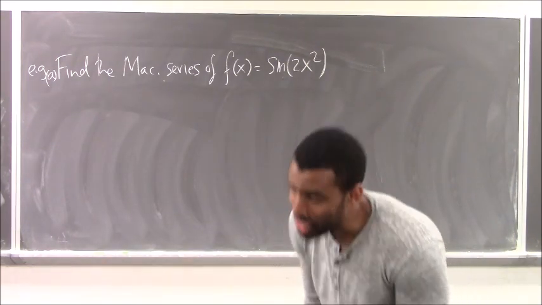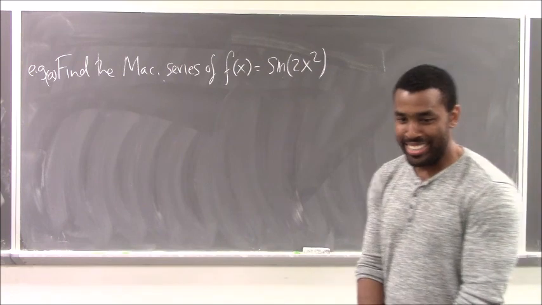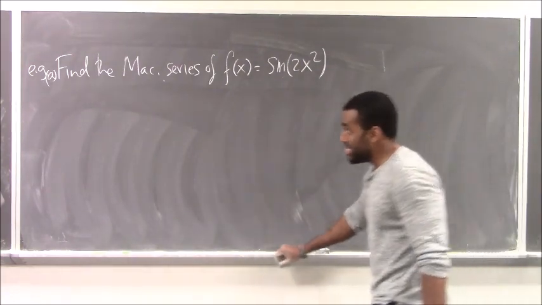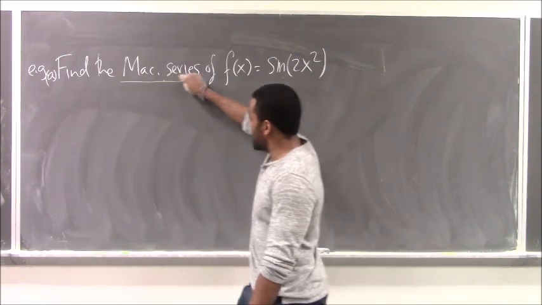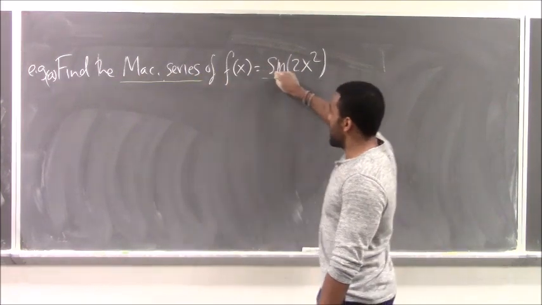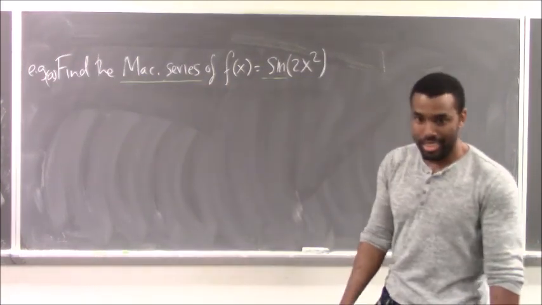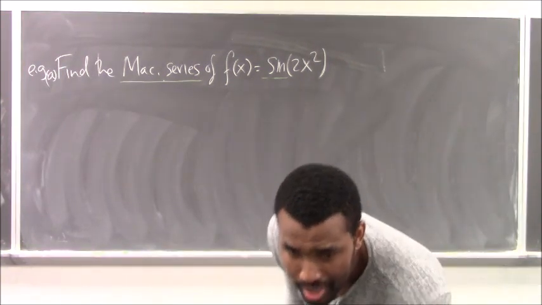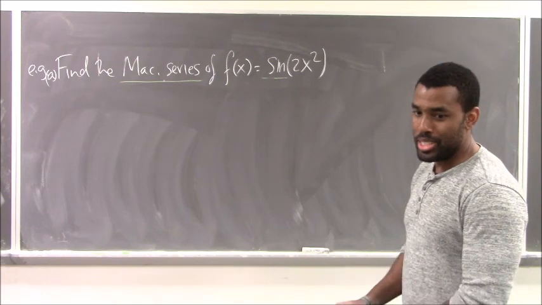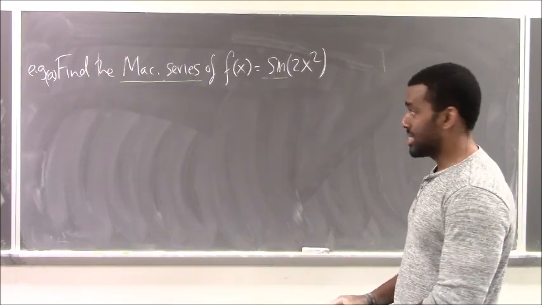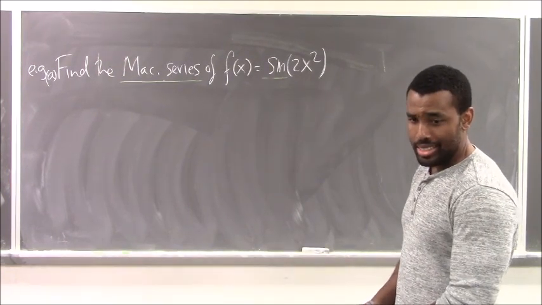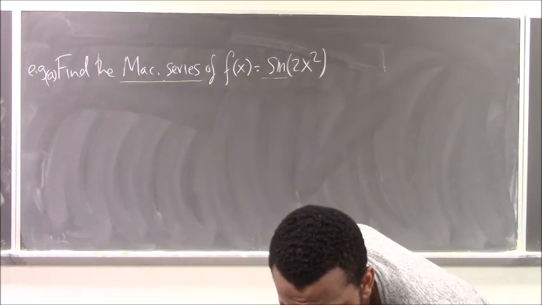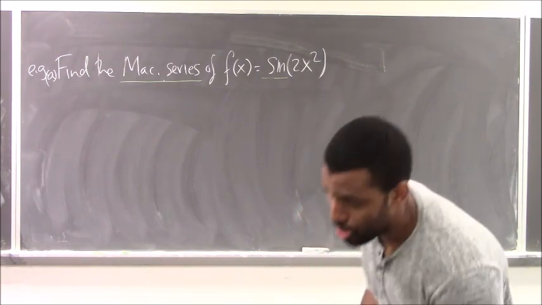Half angle? No, it's not a trig identity. Here's a hint. We asked for the Maclaurin series of the sine of something. Do we see what to do now? Yes, that's all we do.